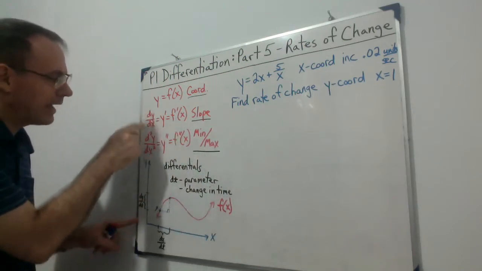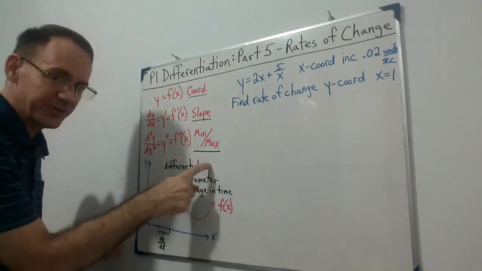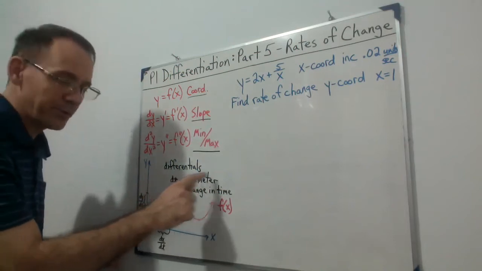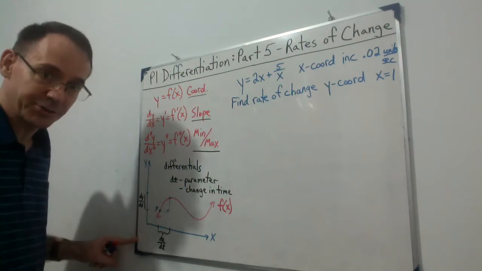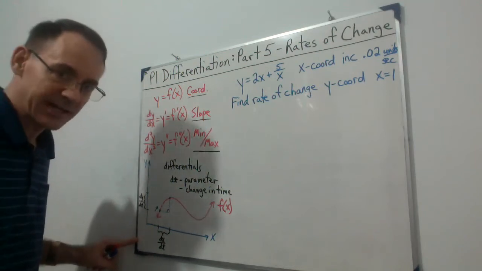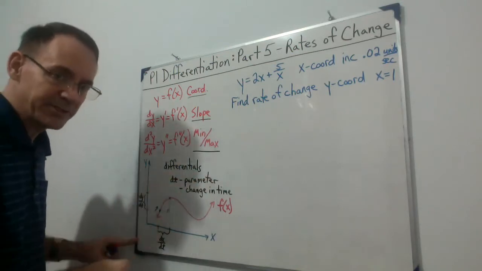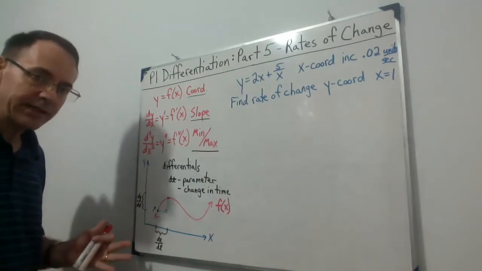So this dy, dx, or dt, they're called differentials. And the dt especially is called a parameter. Parameter just means alongside measurement, like a parachute is a chute that goes alongside of you when you jump out of an airplane. So a parameter is alongside measurement. We have our x and y axes, which we normally use.